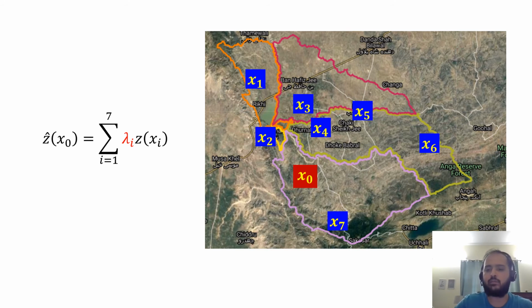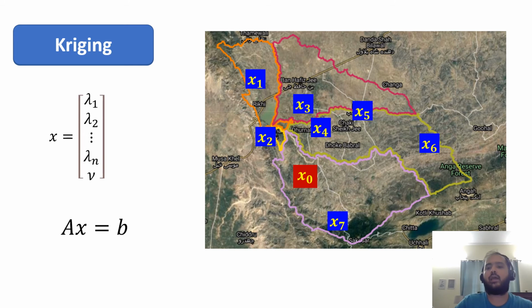It's called Kriging. Kriging essentially sets up a system of equations. What you do is stack up all of the weights, lambda 1, lambda 2, up to lambda n, into this vector x. And at the end, there is this other parameter nu.